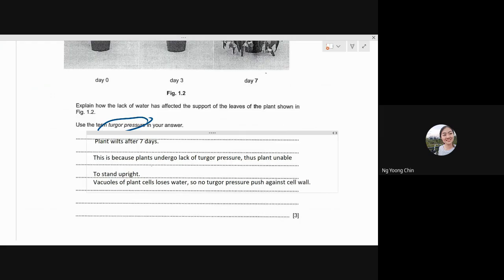And then you can say that the mesophyll cells themselves are not providing support to the plant cell.